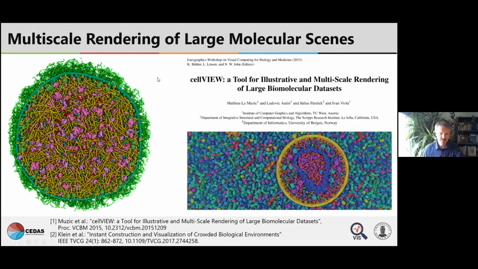Another work that is very impressive is that of Ivan Viola and colleagues, where they have developed a software called CellView that enables them to interactively visualize really large molecular models. Here we are not talking about sampled data, but geometric models, highly detailed 3D geometric models. With CellView, they are capable of showing immense such structures in an interactive fashion, and this has become quite a well-known solution in recent years.